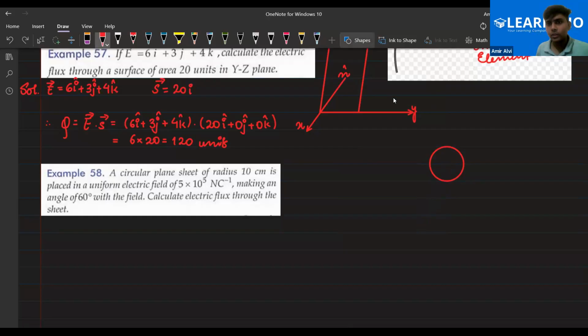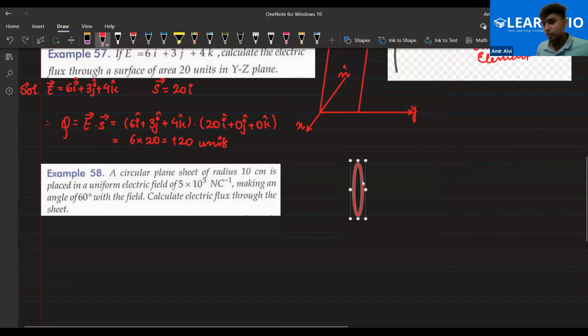So if I draw it like this, you can also see it. Let me show that to you how it would be. So this is a plane circular surface. And the electric field is making a 60-degree angle. So this is the area vector.